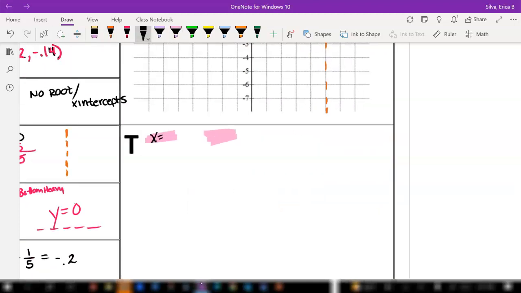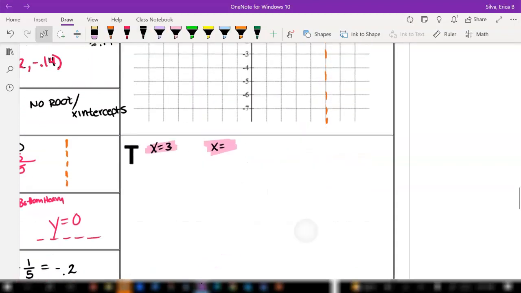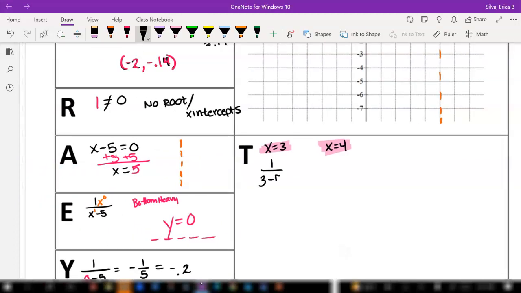So we're going to solve when x is equal to 3 and when x is equal to 4. Now we're going to use the same equation, but instead of x, we're plugging in 3 for this one. And over here, instead of x, we're going to plug in 4.